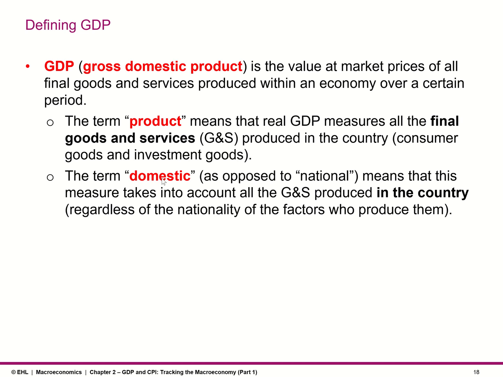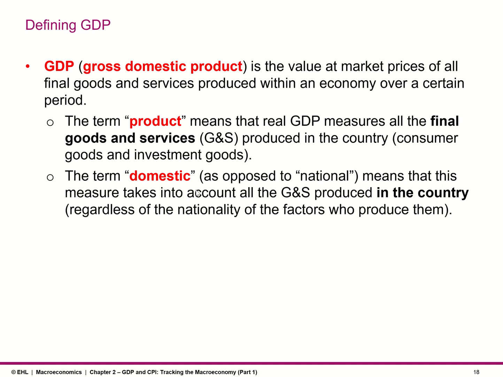The term domestic means that GDP measures only the goods and services that are produced inside the territory of the country, regardless of the nationality of the factors that produce them. So regardless of whether the workers are from a neighboring country or the capital that is invested comes from a foreign country.